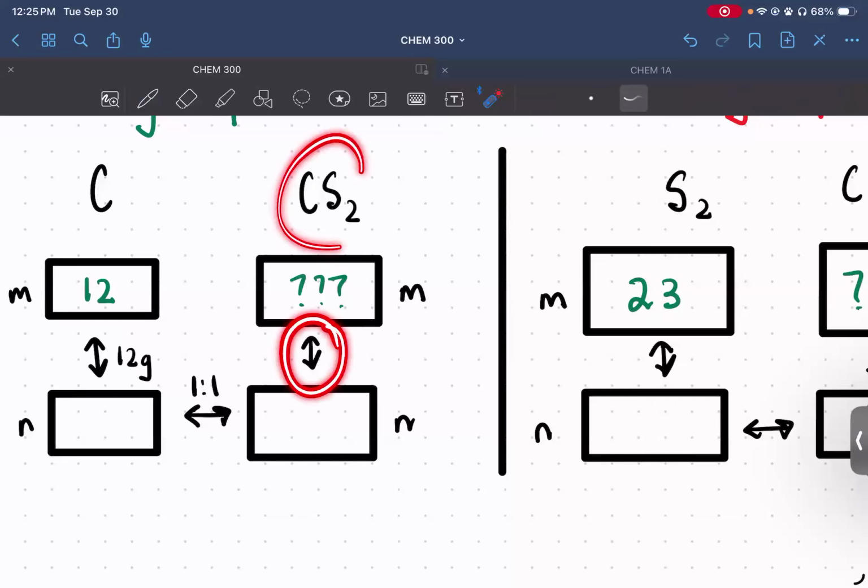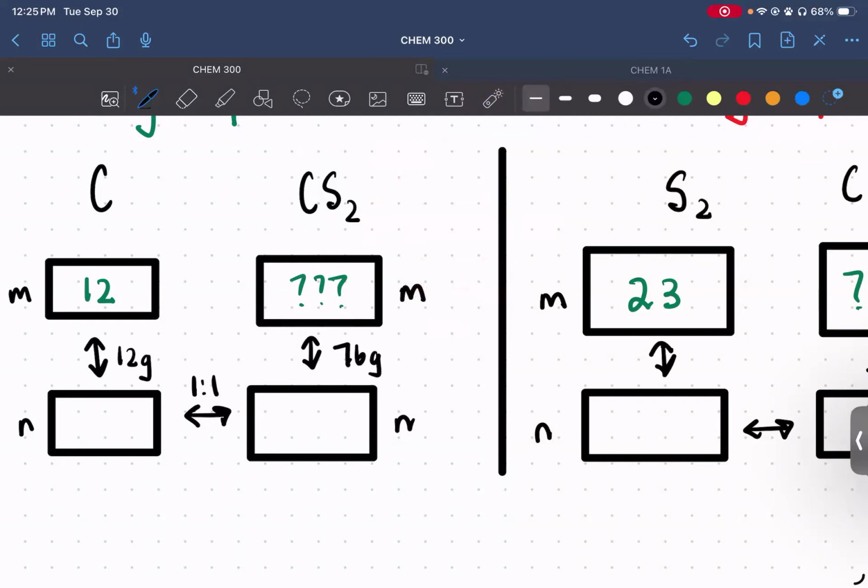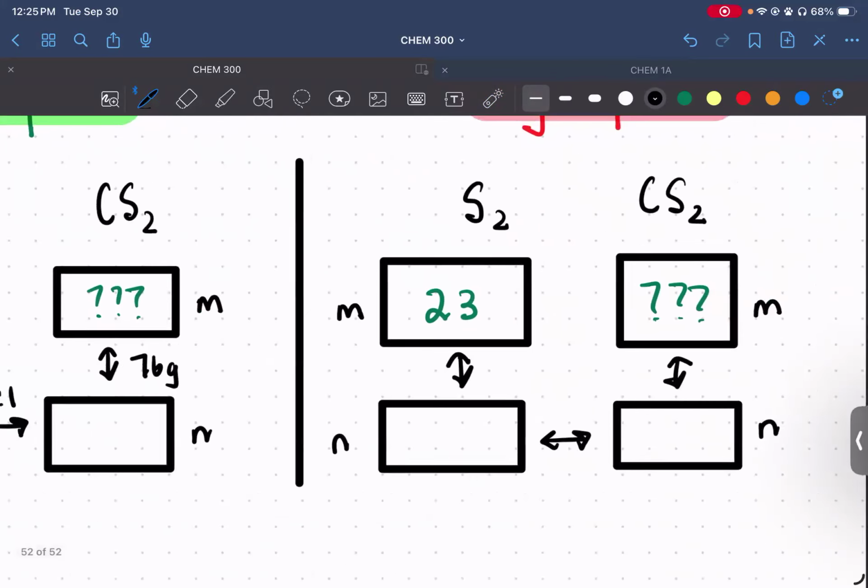We need the molar mass of the carbon disulfide. That's 1 carbon added to 2 sulfurs. Carbon has a mass of 12. Each sulfur has a mass of approximately 32. This is 12 plus 64 for a whopping 76 grams. I can do the same thing over here.